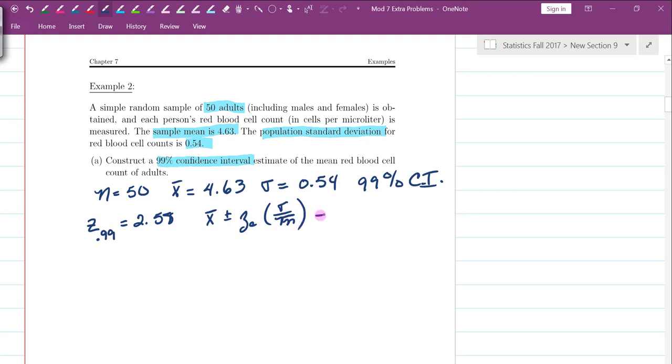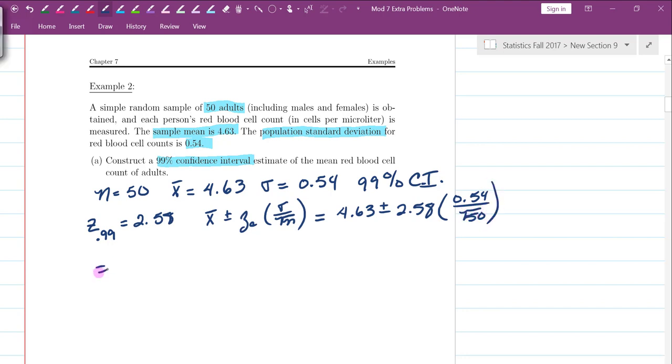So we're just going to plug that in, and that is equal to 4.63 plus or minus 2.58 multiplied by our standard deviation 0.54 divided by the square root of 50.